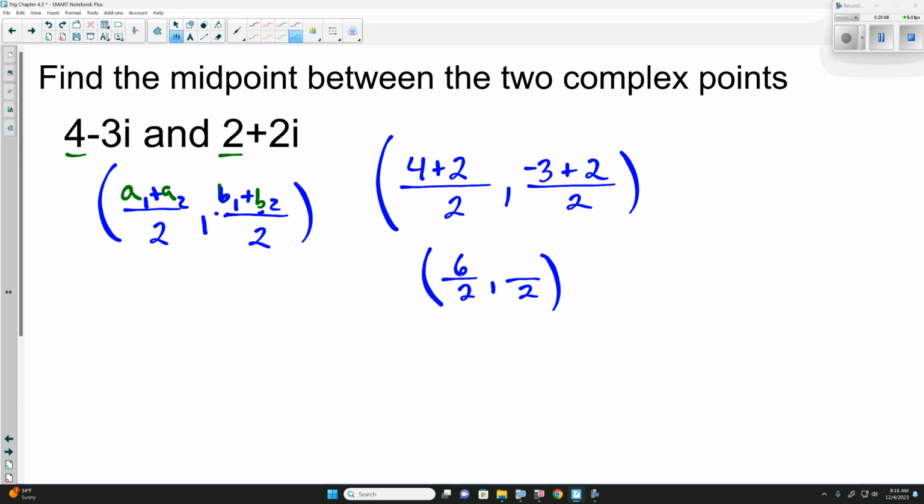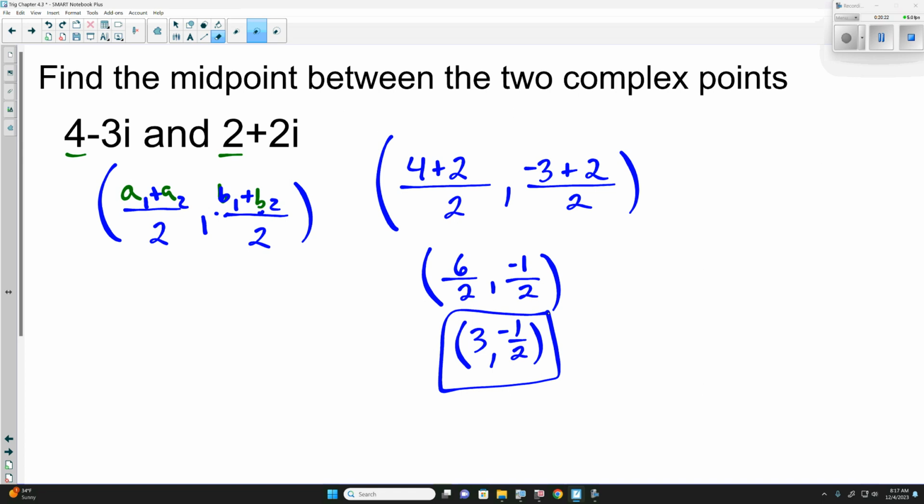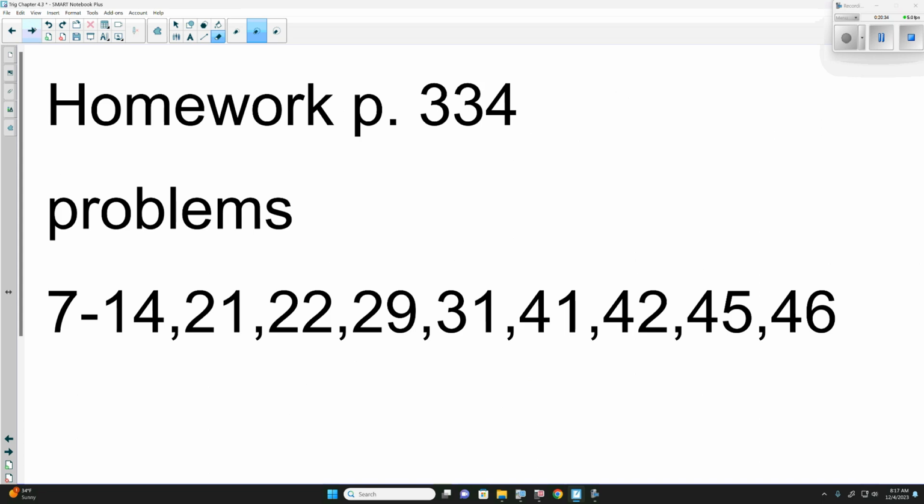Well, our 4 plus 2 is 6. Negative 3 plus 2 is negative 1. So we get 6 divided by 2 is 3, comma, negative 1/2. And that is it. Questions on midpoint? Done.